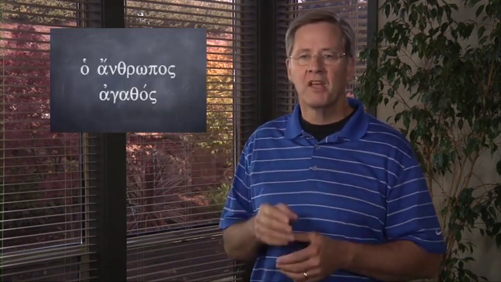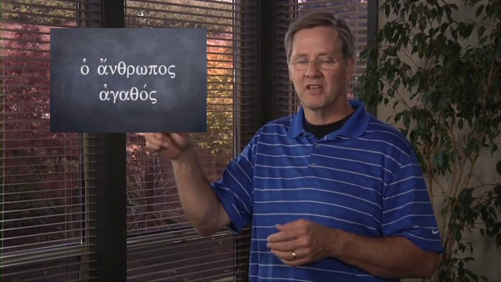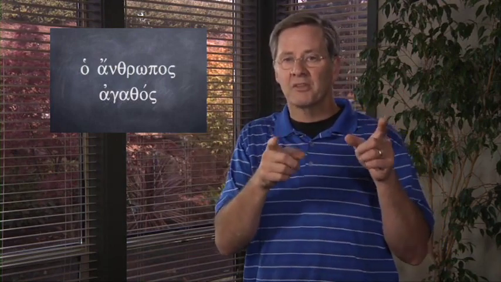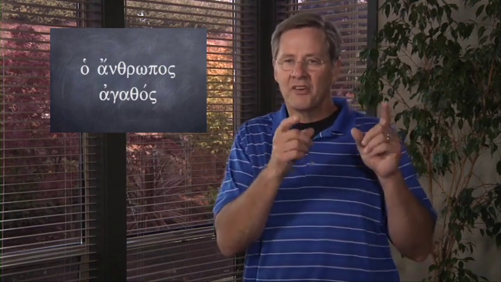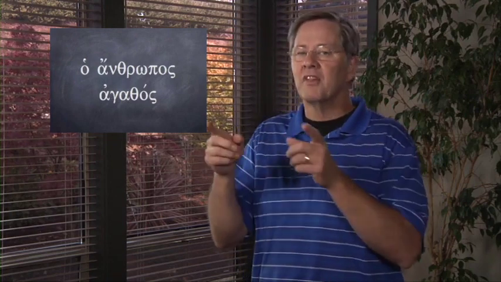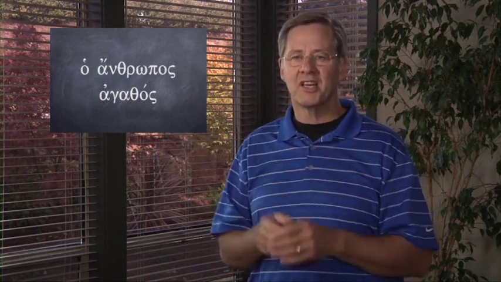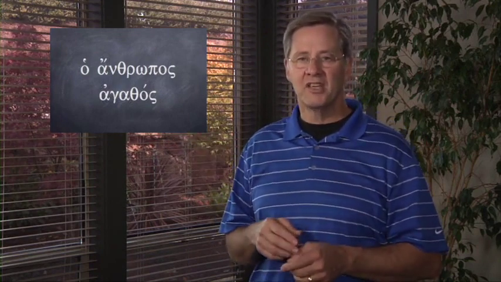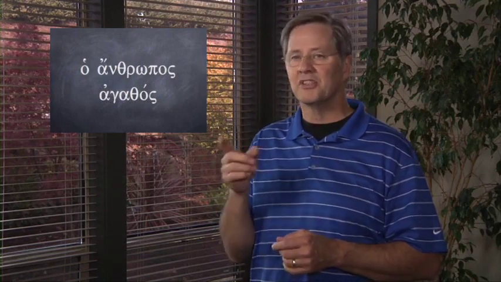So for example, if you saw ho anthropos agathos, there is an article with the noun. That's why this is under the articular heading. There is an article with the noun, but the adjective itself is anarthrous. A pretty good chance that that's a predicate adjective, and you're going to have to supply the verb is. The man is good.